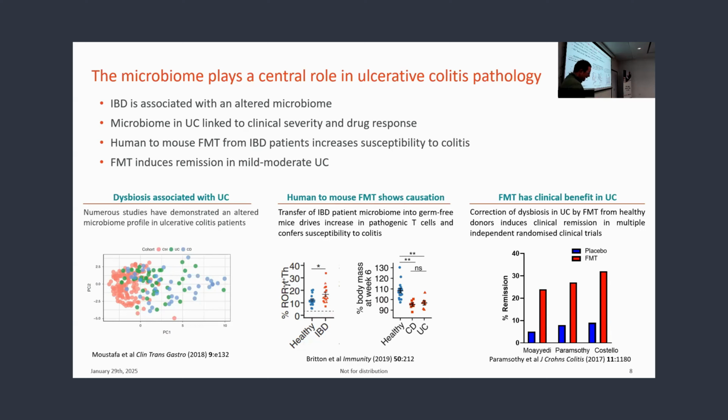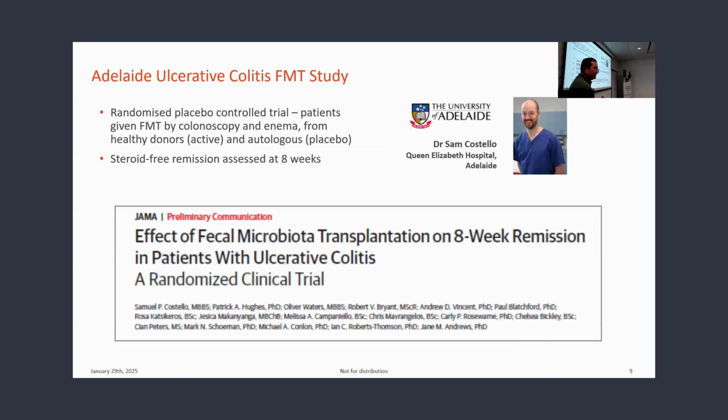these patients. From these studies, I'm going to focus on one that had been conducted by Sam Costello at the University of Adelaide, down under. He did a randomized placebo-controlled trial.